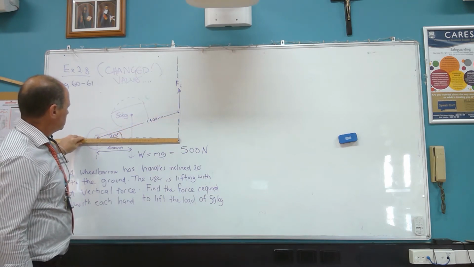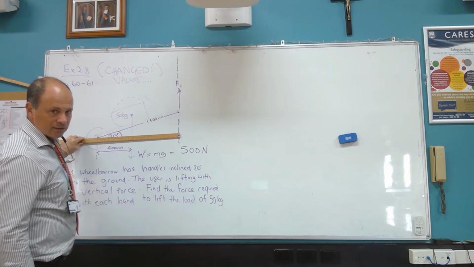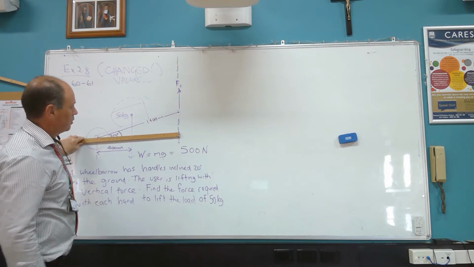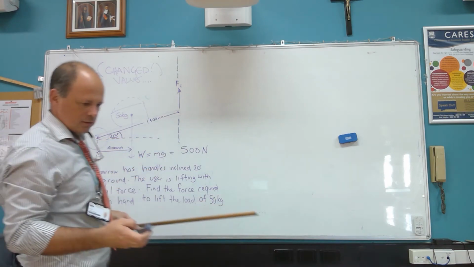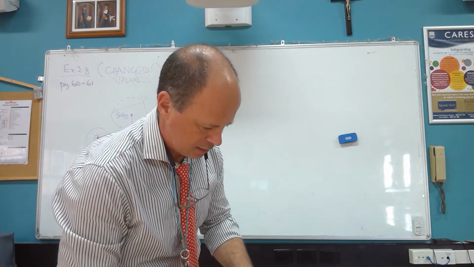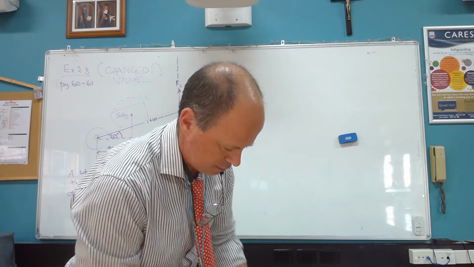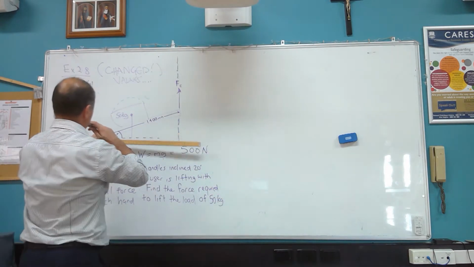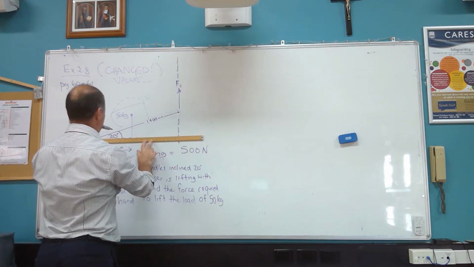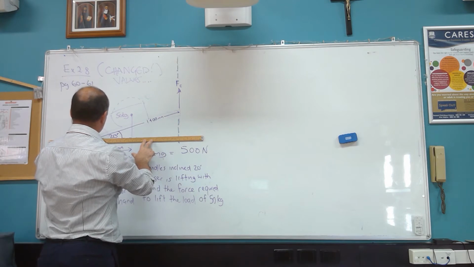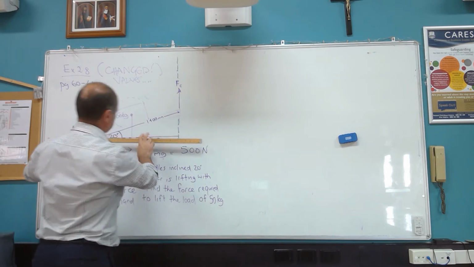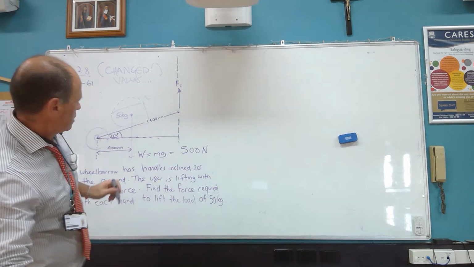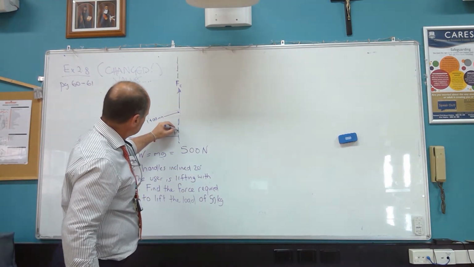When we get to the horizontal, that's where our line's at 90 degrees with the force that's being applied. So let's grab our purple one, because that seems to be the only one that's working. And we'll draw our line in. Okay, so we know that's 90 degrees.